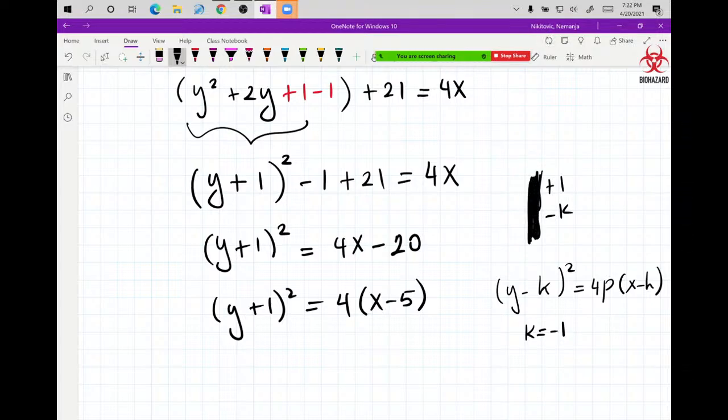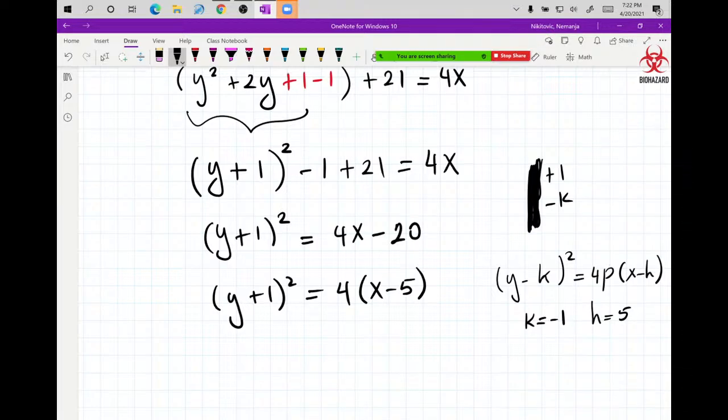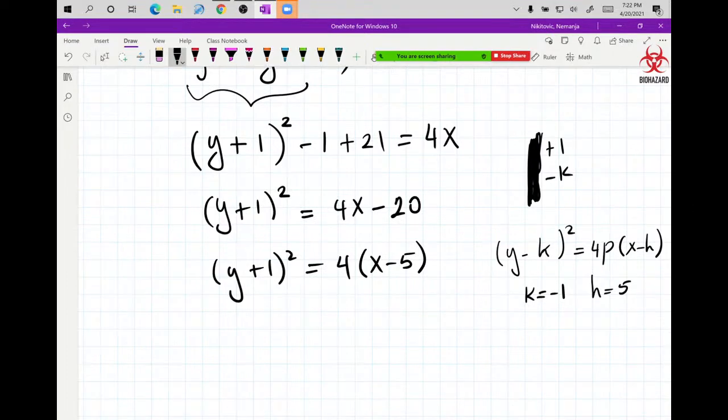When you take off y, negative k is 1, which means k is negative 1. The other parenthesis says that h is equal to 5. Now it's important, remember how I made the mistake earlier, put the h component first, because that's the x component. So our vertex is 5, negative 1. So 5, negative 1 for the vertex.